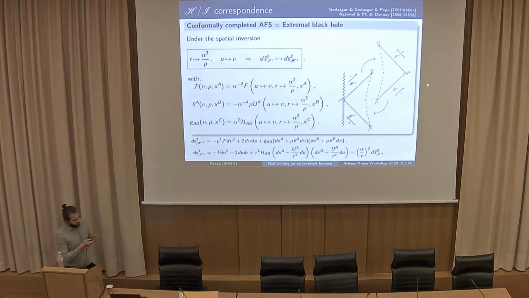This conformal isomorphism comes in the form of these discrete spatial inversions, where R here is this near-null-infinity radial coordinate, and rho is this near-horizon radial coordinate. If you do this spatial inversion, you precisely get that the asymptotically flat spacetime is conformally the same as the geometry near a horizon, but not near a generic horizon.